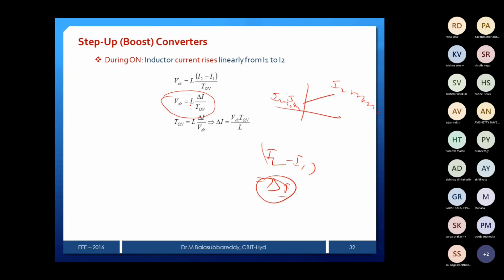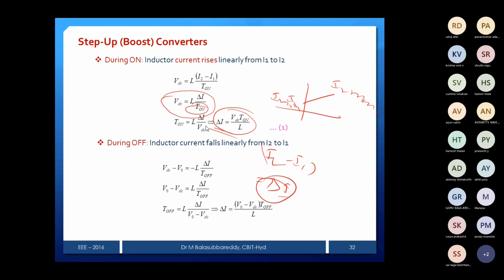So VDC is equal to L into delta I by T on, from this T on is equal to, we got this, and then delta I is equal to, under on condition. Similarly, under off condition, voltage V in minus V out is equal to minus L into delta I by the off time, T off.